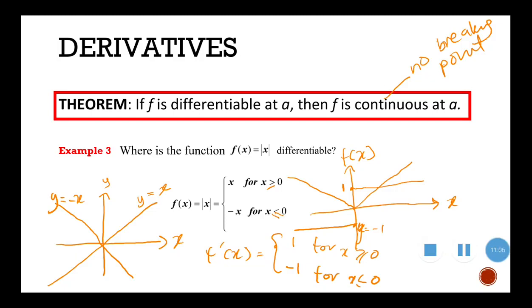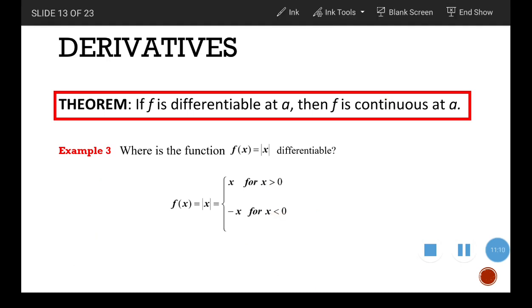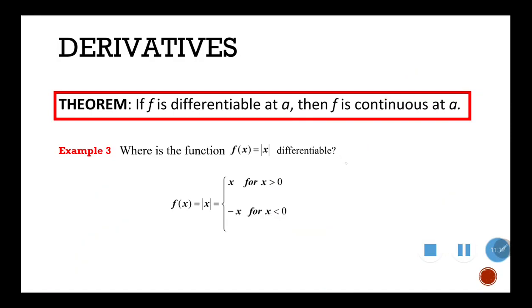I try to erase something first here. Okay, we do this again. So this is for f prime x, 1 for x larger than 0 and minus 1 for x less than 0.